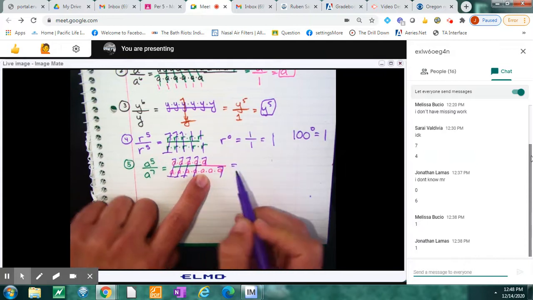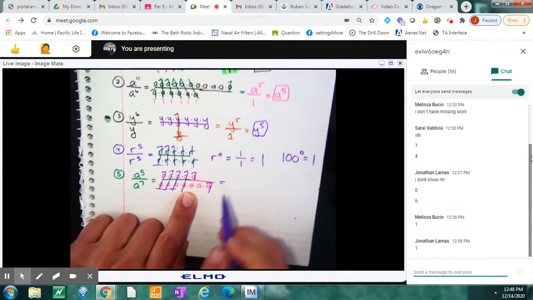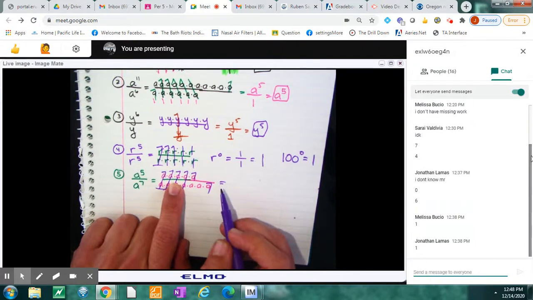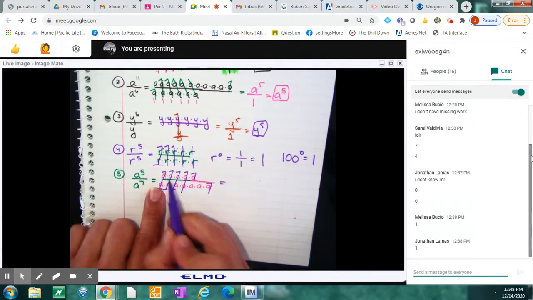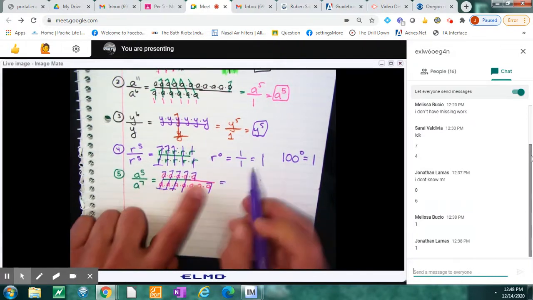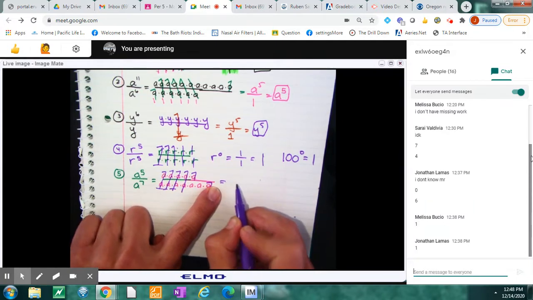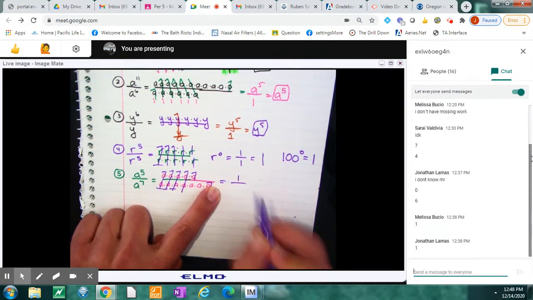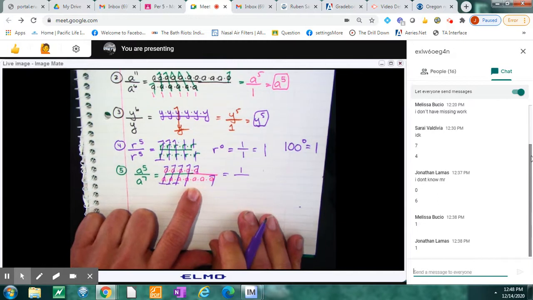So what's left on top? Nothing, right? A to the 0, but that's 1 times 1 times 1, which is 1, right? And then on the bottom, what am I going to have? What's A times A?